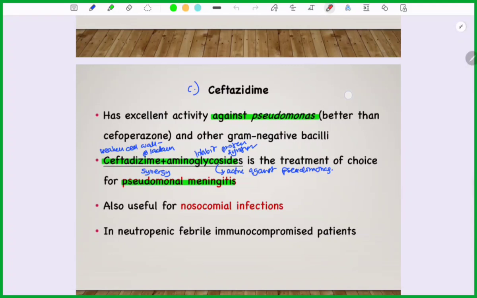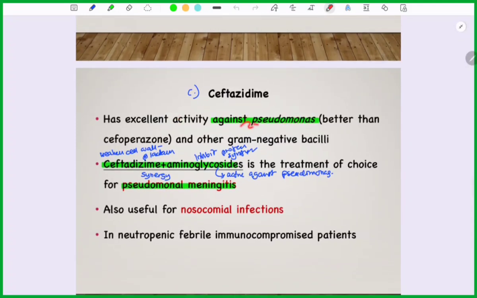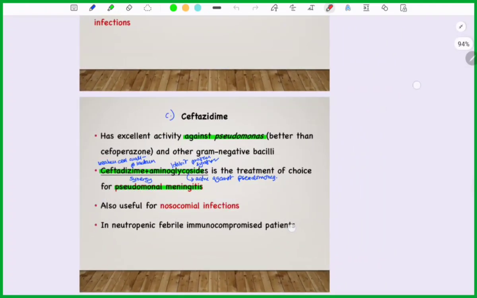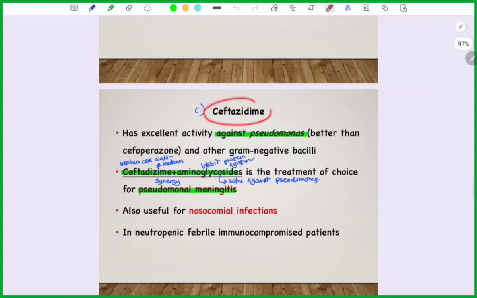That is given in the lecture also. So the drug ceftazidime is active against Pseudomonal meningitis. They are asking for the other drug; it's ceftazidime.